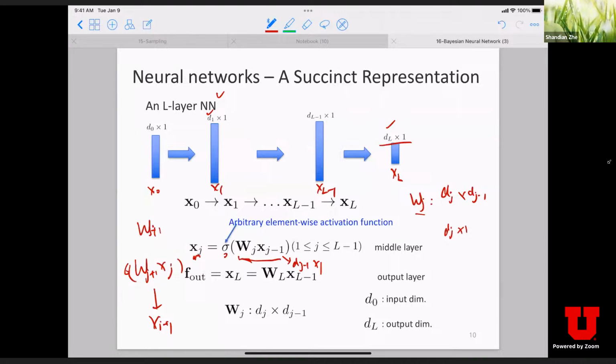For the last layer XL, we don't apply an activation function; we just do a linear combination of the incoming output, which is XL minus 1. This is how we compute the output of the last layer. Does it make sense?